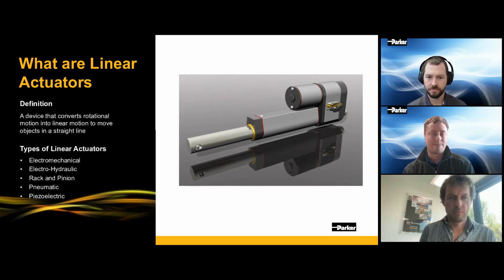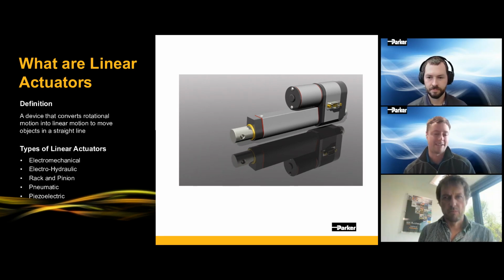Jake will talk more about these in a moment, but to briefly touch on the others, we have rack and pinion actuators, which convert rotational motion into linear motion using a combination of a gear, the pinion, and a linear tooth component, or the rack. Pneumatic actuators, as many of you know, use compressed air to create linear motion.